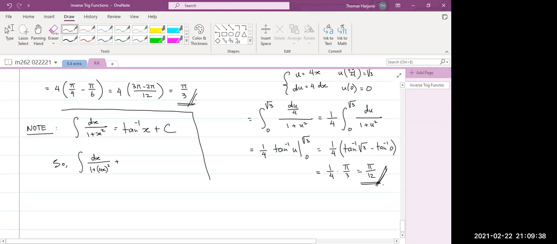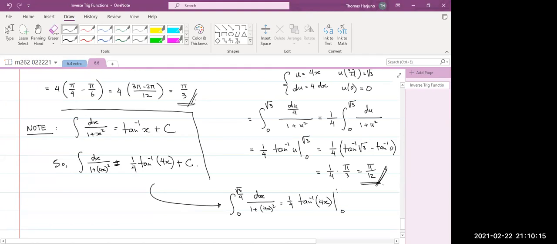The linear transformation. So this will be equal to 1/4 tangent inverse of 4x plus constant. So if you happen to see that pattern, you can use this one. In other words, the integral from 0 to radical 3 over 4 of dx over 1 plus (4x) squared is 1/4 tangent inverse of 4x from 0 to radical 3 over 4.